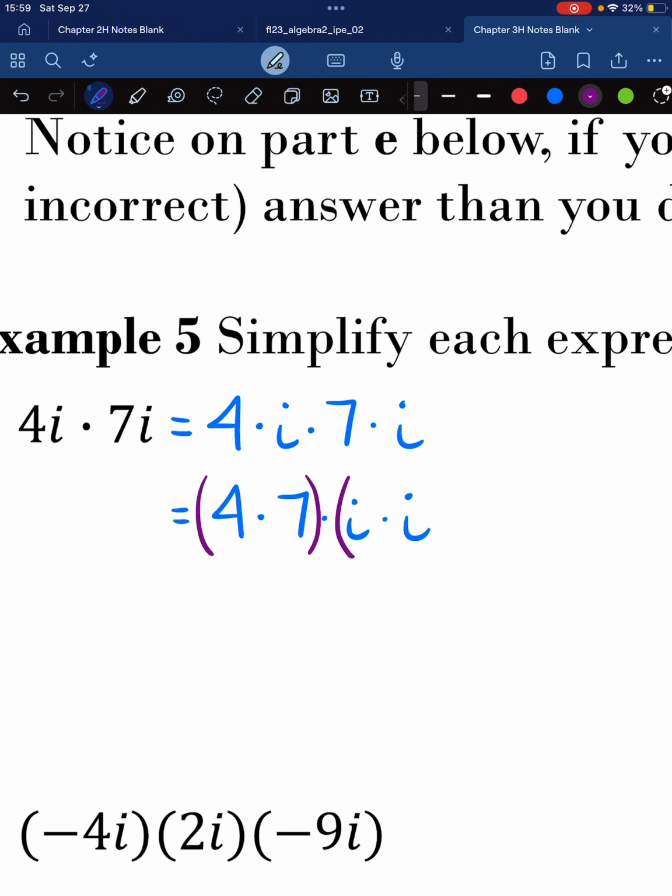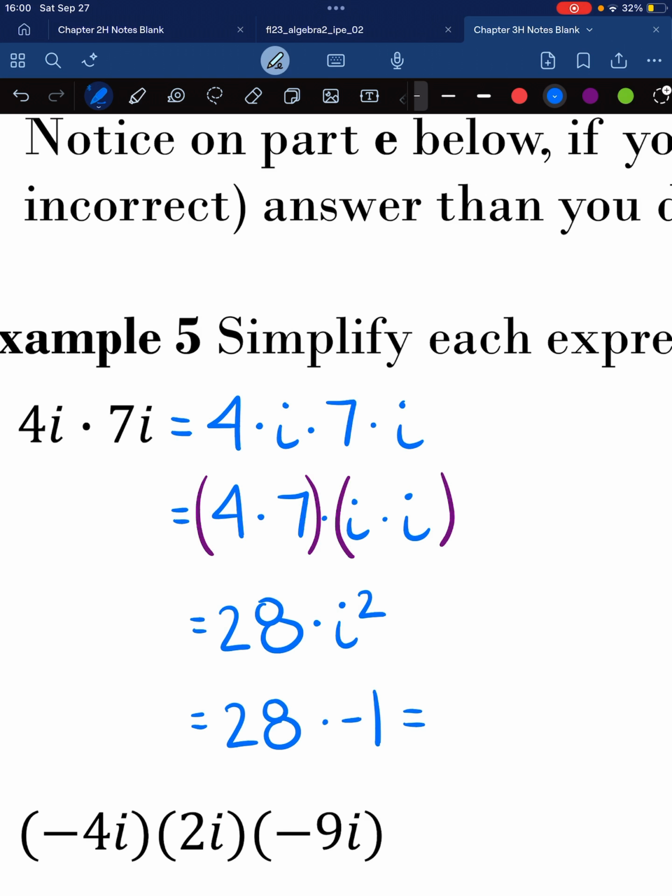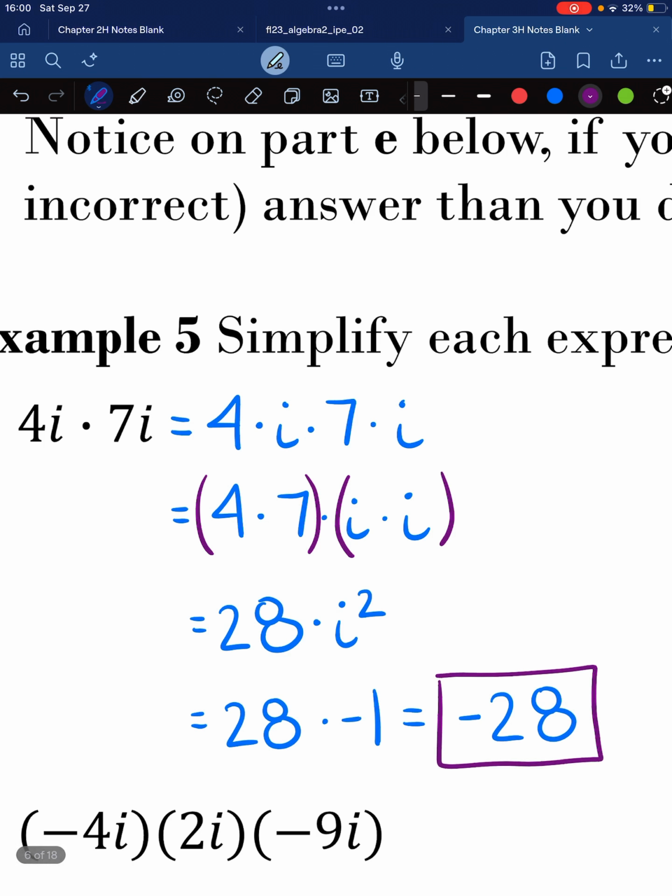And then the associative property says that I can group multiplication. So I end up with 4 times 7 is 28. i times i is i squared. And I know that i squared equals negative 1. So the answer is negative 28.